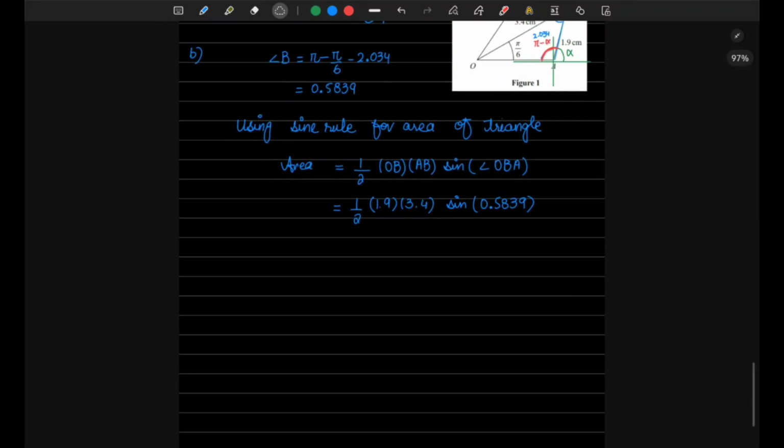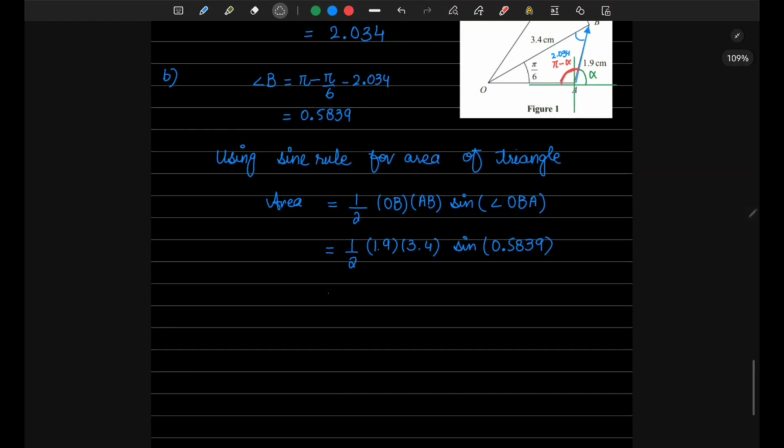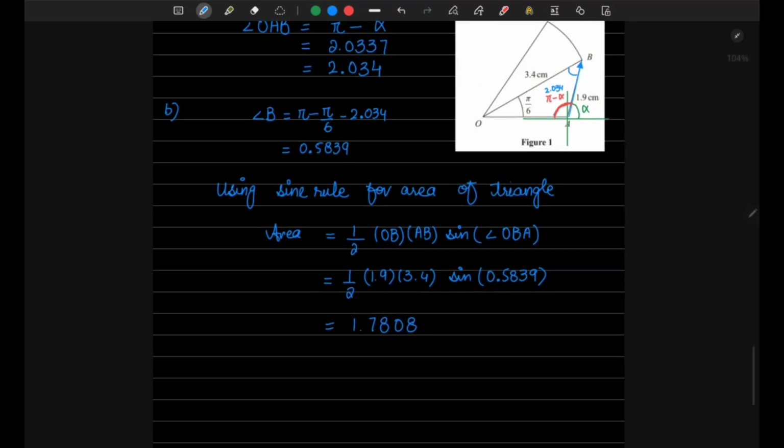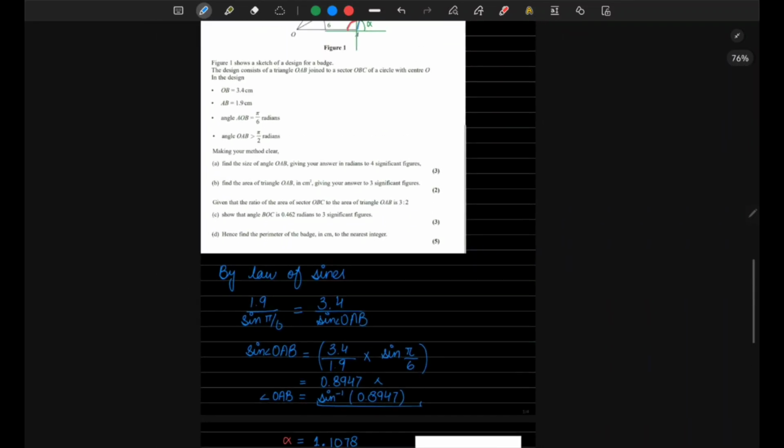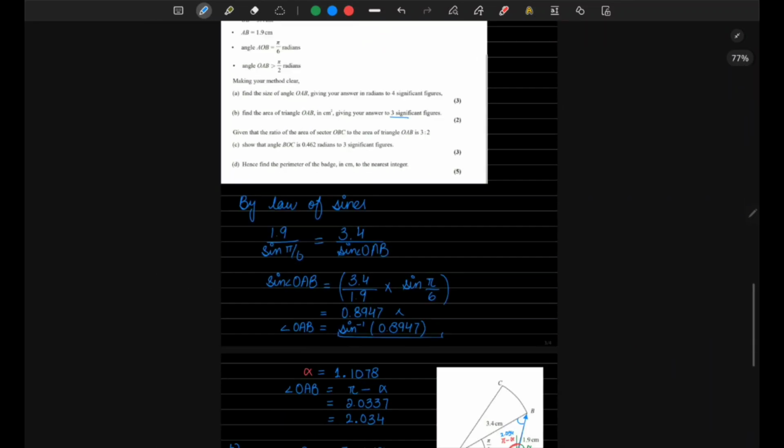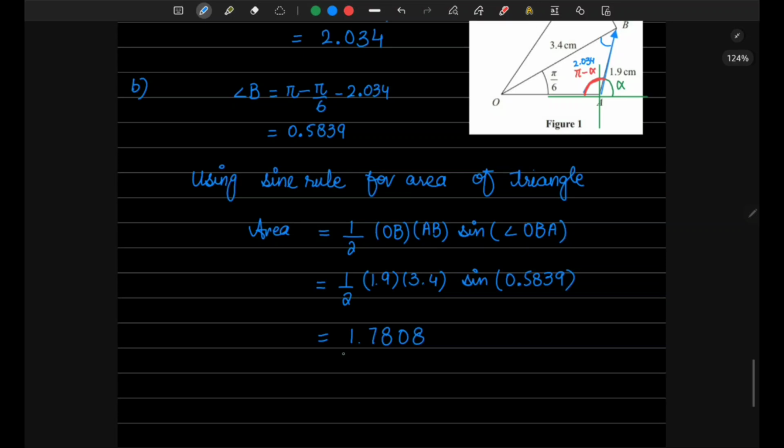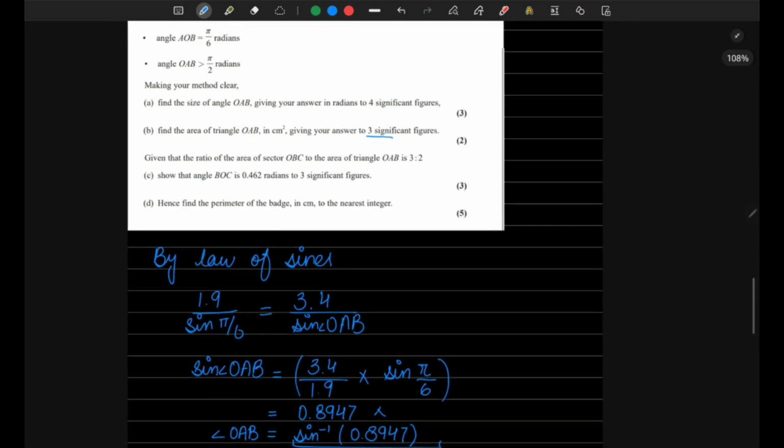So the final answer for our area will be 1.7808. They told us to find the answer up to 3 significant figures, so it would be 1.78 centimeter square.